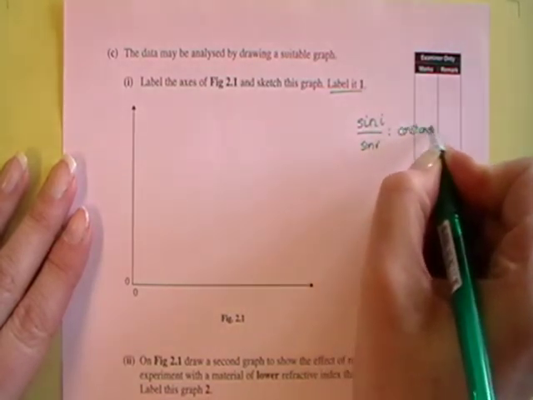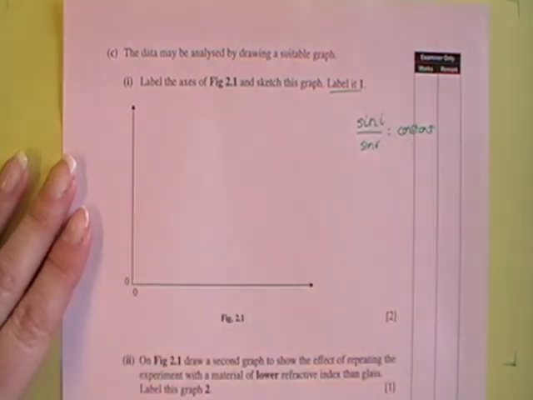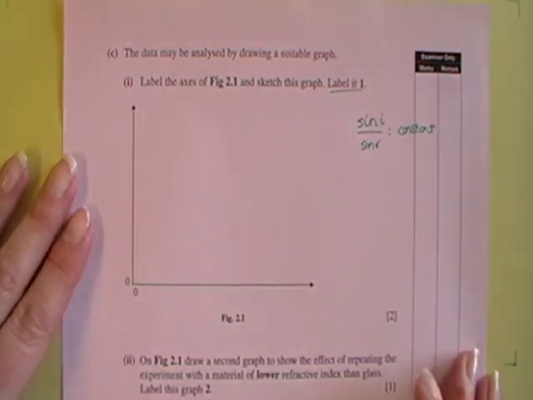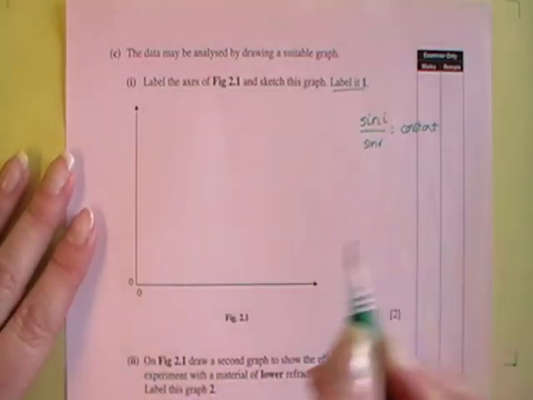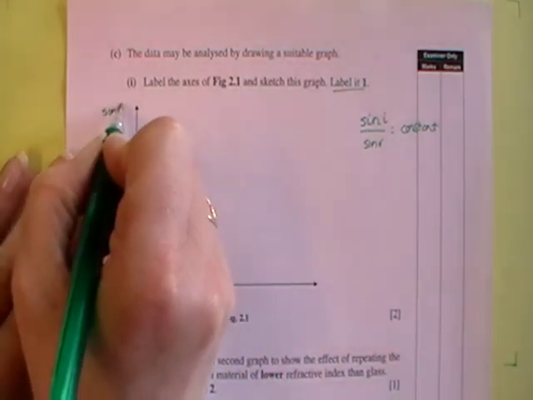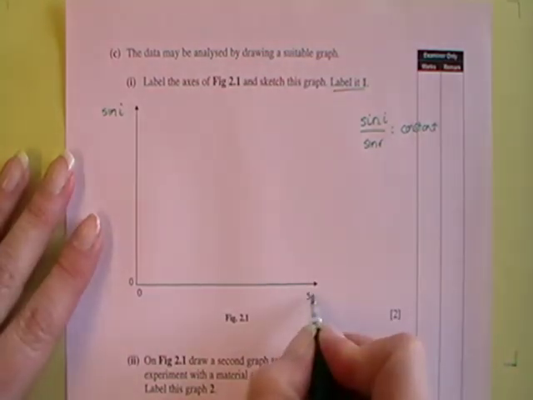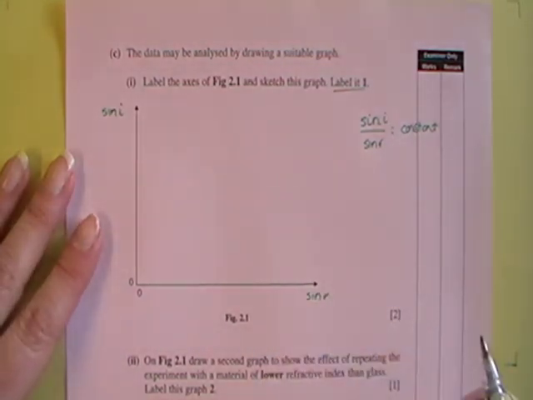Now we know that that constant is actually the refractive index for the material. So we want sine I against sine R on our graph, and sine I is divided by sine R, therefore sine I is on the y-axis and sine of R is on the x-axis.